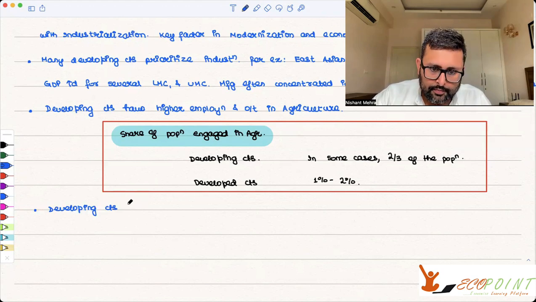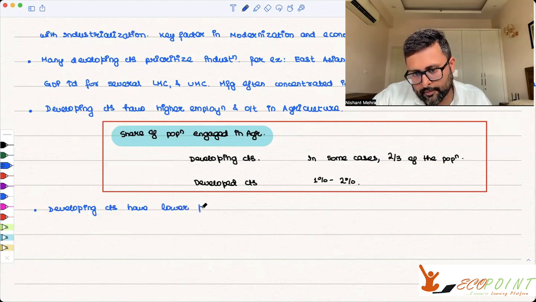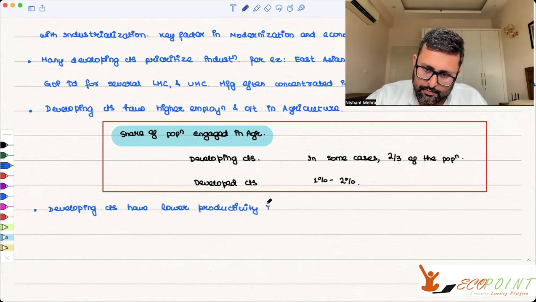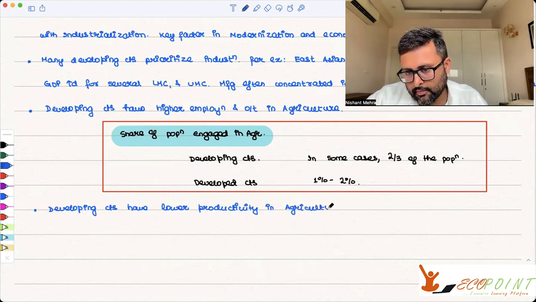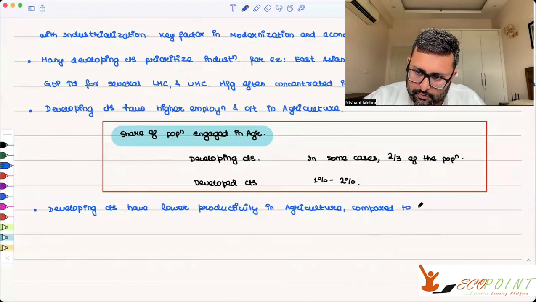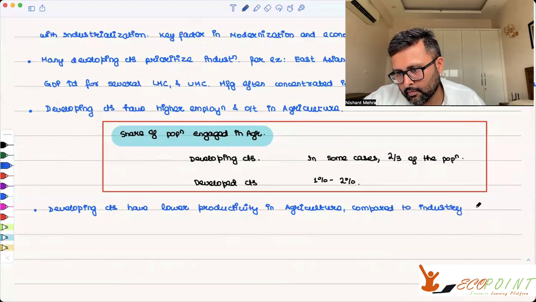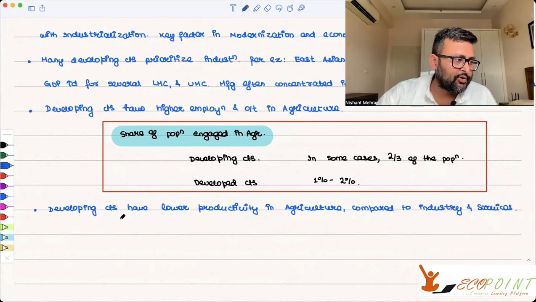Developing countries have lower productivity in agriculture compared to industry and services.